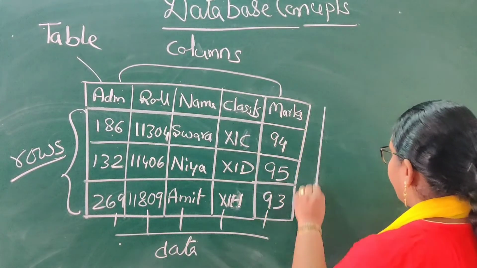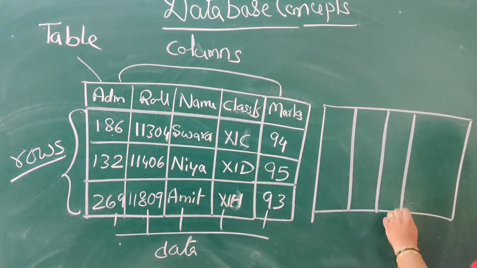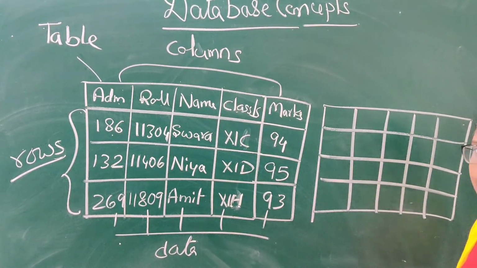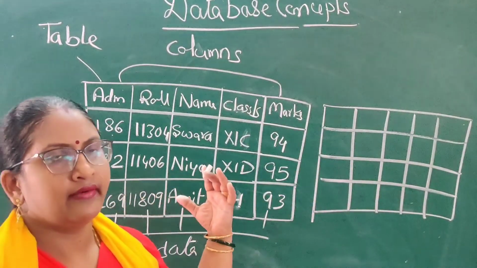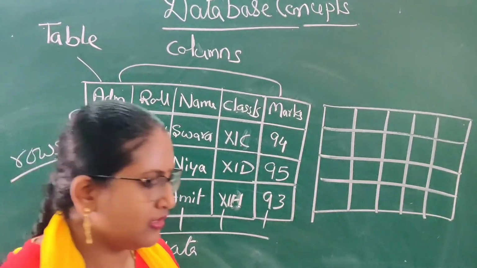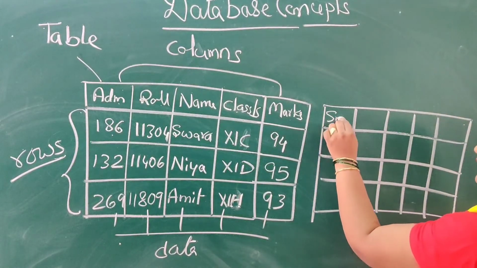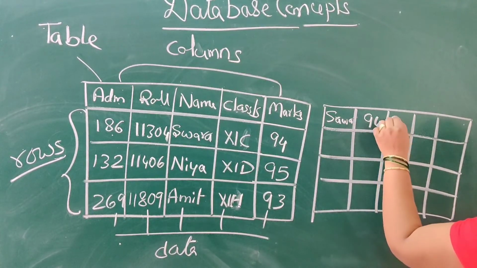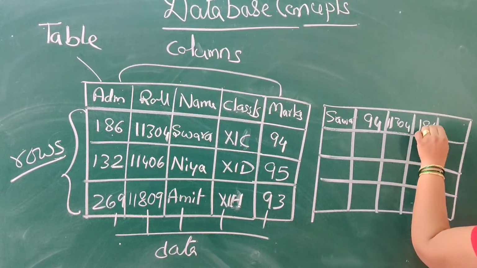If suppose I simply give a sheet in which columns are divided and I say that you please insert the values, you write your details on this sheet. Suppose Swara will write her name, then marks here, then roll number, then admission number, then class.